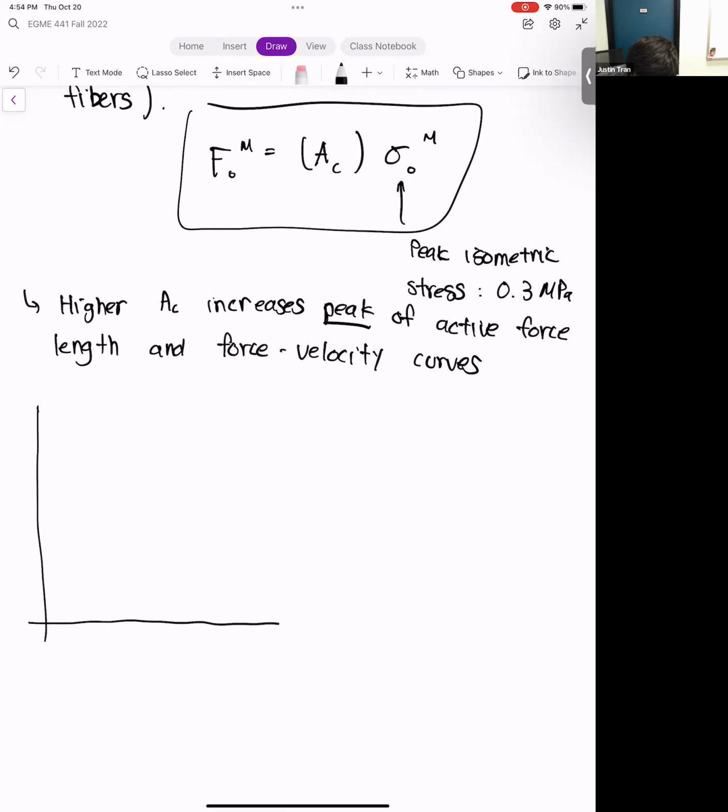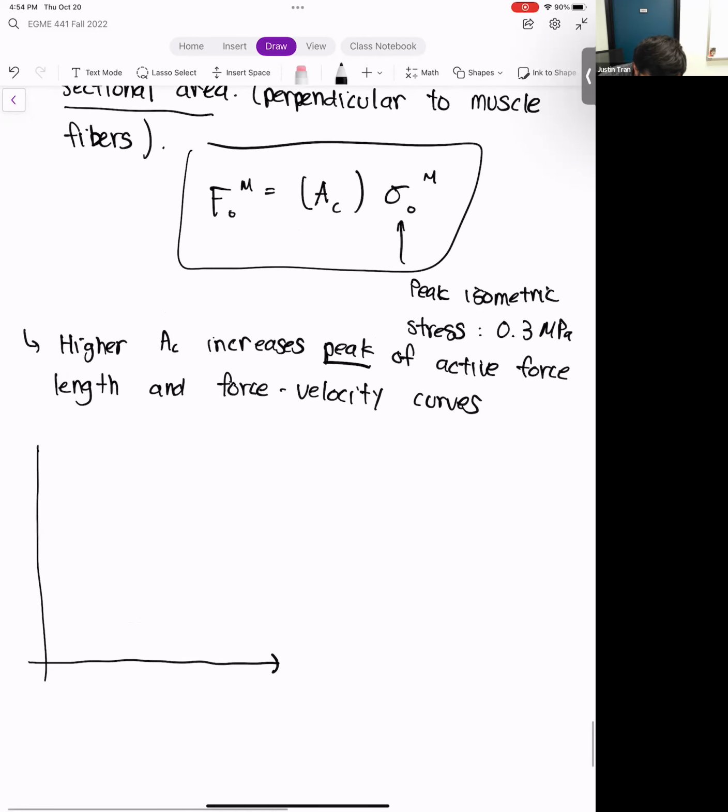So generally in your body, you have long muscles, which are usually fairly thin, and you have short muscles that are pretty thick. And so it's not uncommon to have force length curves like the following. On the x-axis, we'll put length. On the y-axis, we'll put force, okay?